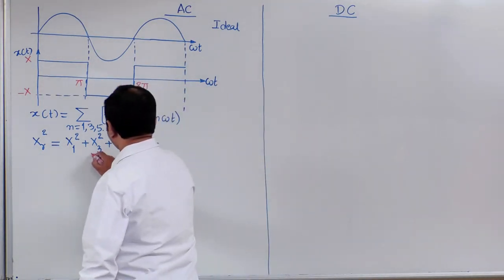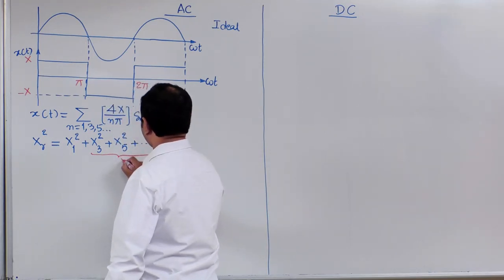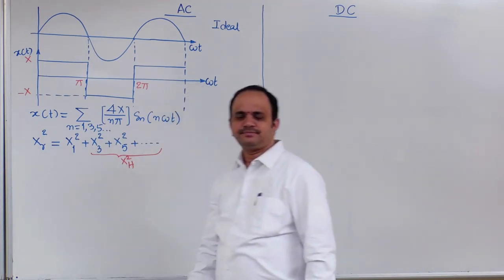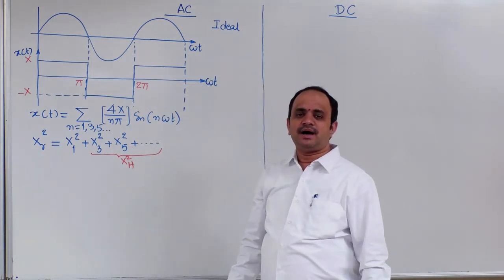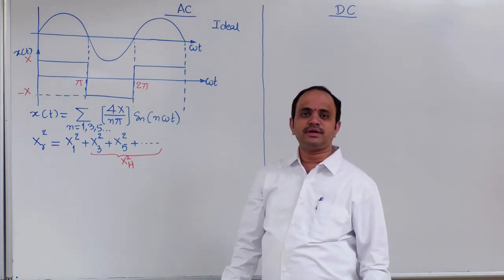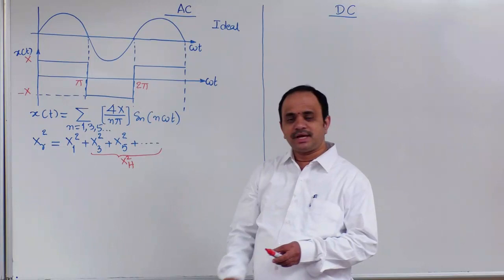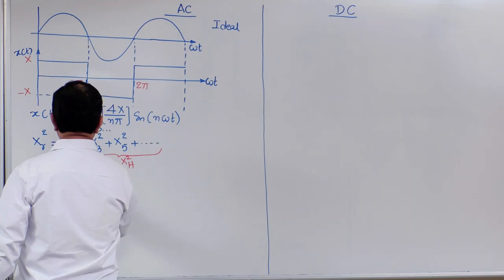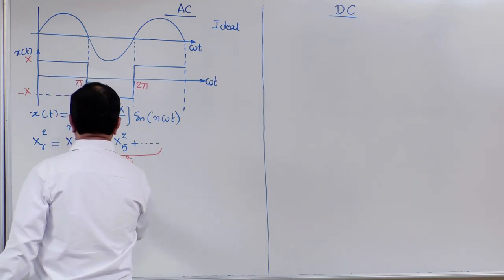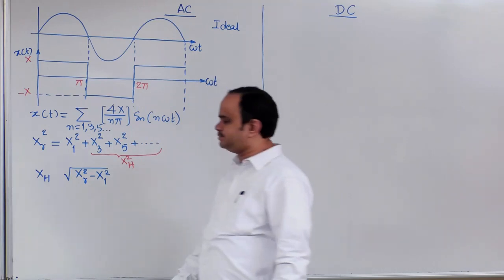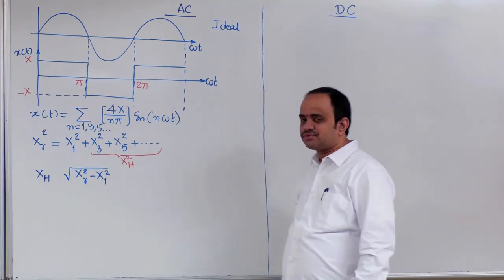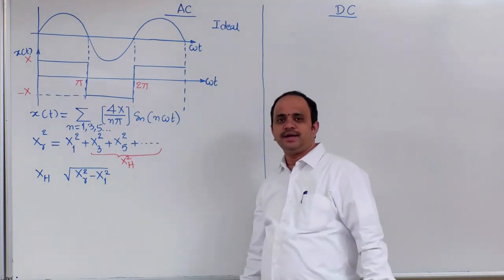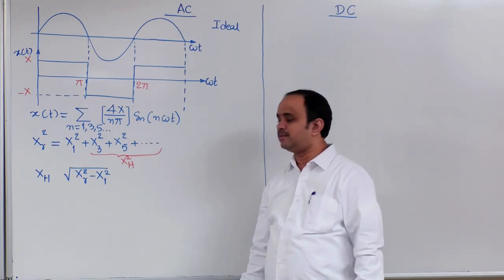So x3, x5, x7 and so on can be represented with xh square, where xh is the RMS value of the harmonic component. How can you express that? Xh equals under root xr square minus x1 square. The square root of xr square minus x1 square gives the RMS value of the harmonic component.